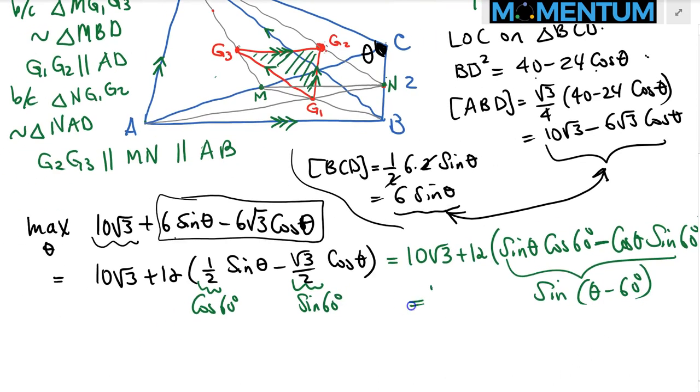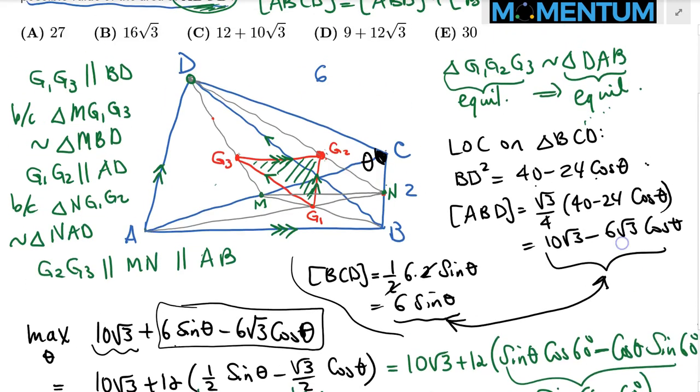And that's it. So that's exactly the expression that we want to maximize. Sine is always less than or equal to 1, suggesting that this expression can never exceed 10 root 3 plus 12.